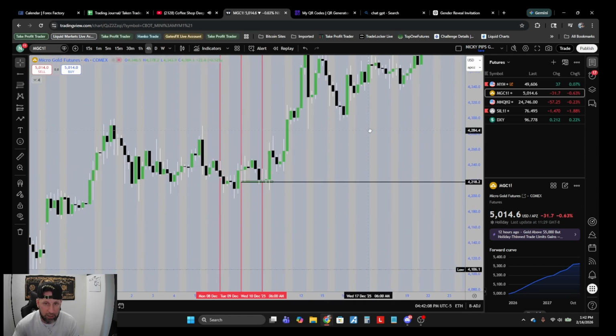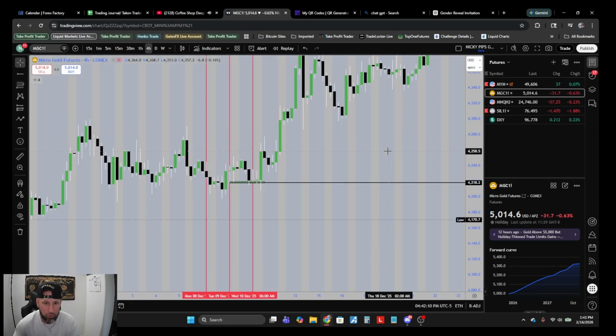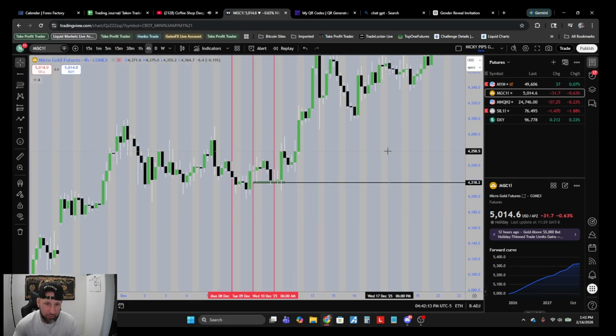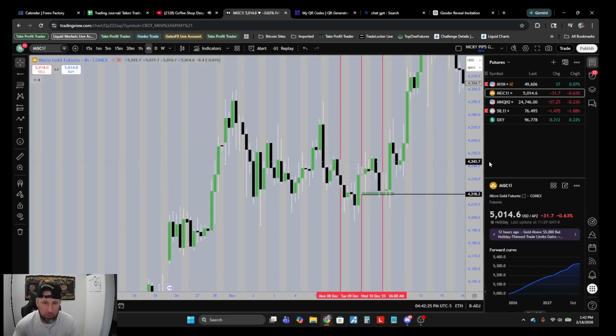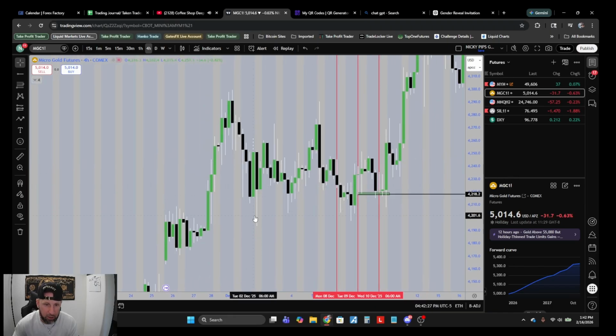Even though you're in a consolidation, it doesn't mean that you can't catch a move, but you need to have confirmations. You need to see what direction price is going and watch those candlesticks. See if you have a double bottom or a double top or a bearish rejection or bullish rejection. So something like this. This is what I call a bearish rejection.